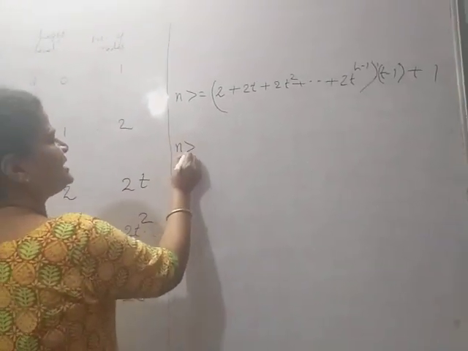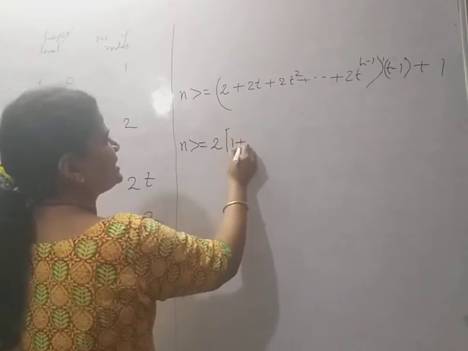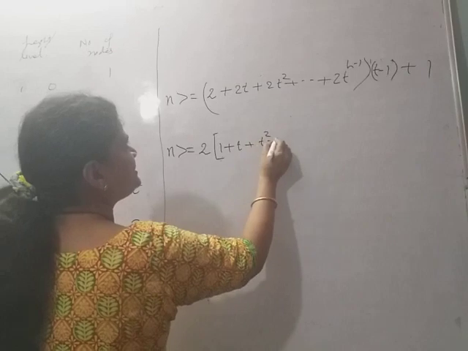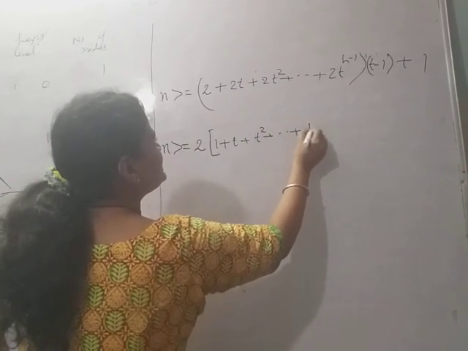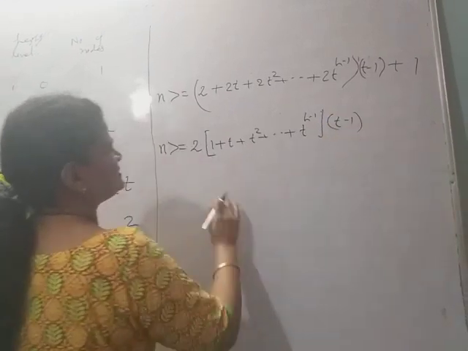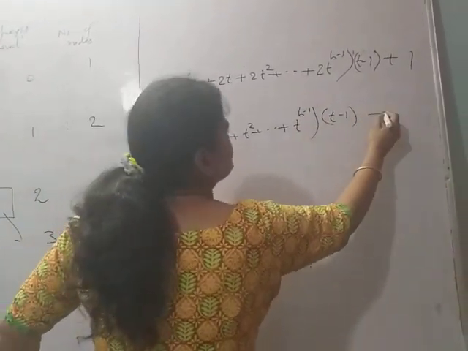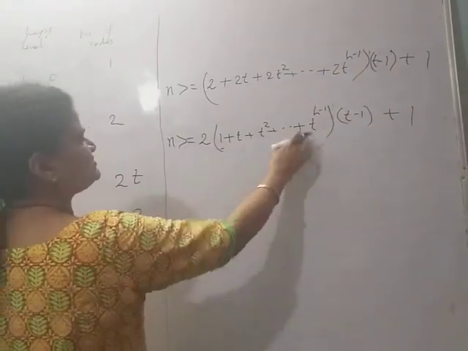So here n is greater than or equal to, take 2 out, 1 plus t plus t square plus so on plus t^(h-1), times t minus 1, and right here this plus 1. Okay, now this is a geometric series.